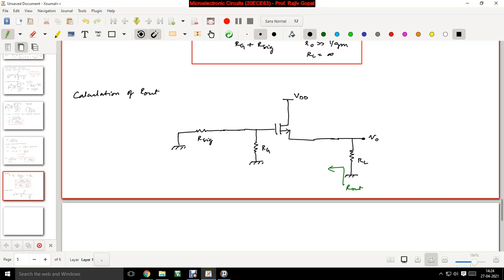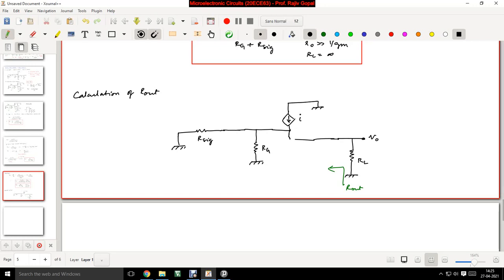Now if I replace the MOSFET with the T model, I will replace that also. This is grounded also. So here you have the current source I. This is ground, and this goes like this.